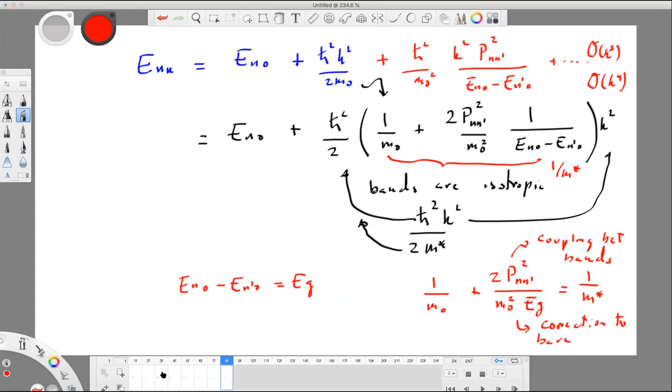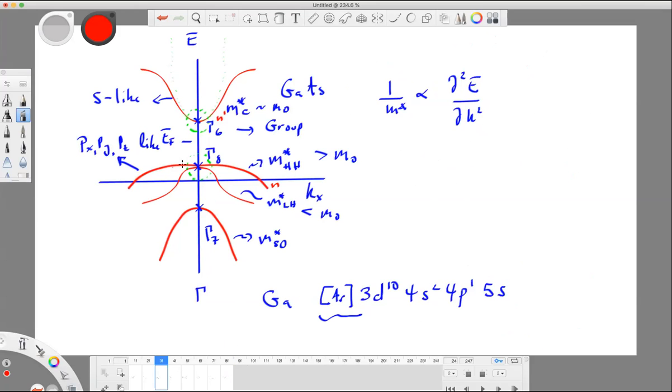We can either see how the effective mass of this band is going to be affected by this other band, because we're eliminating one of the bands and seeing what the effects of that band are on this one, or we can do it the other direction. We can see the curvature of this band due to the effects of this band.